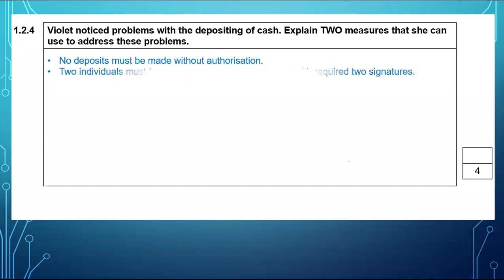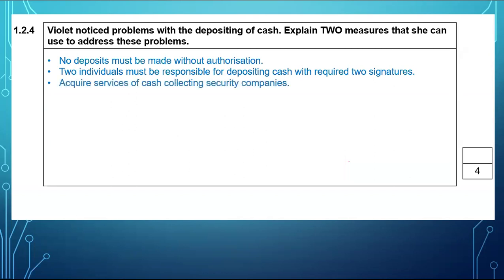Two individuals can be given the responsibility of depositing cash with the required two signatures. Or you can employ the services of cash collecting security companies, or simply get rid of cash payments.